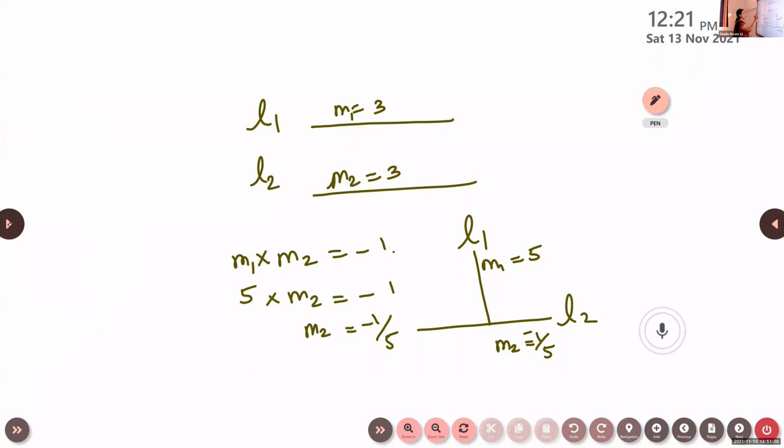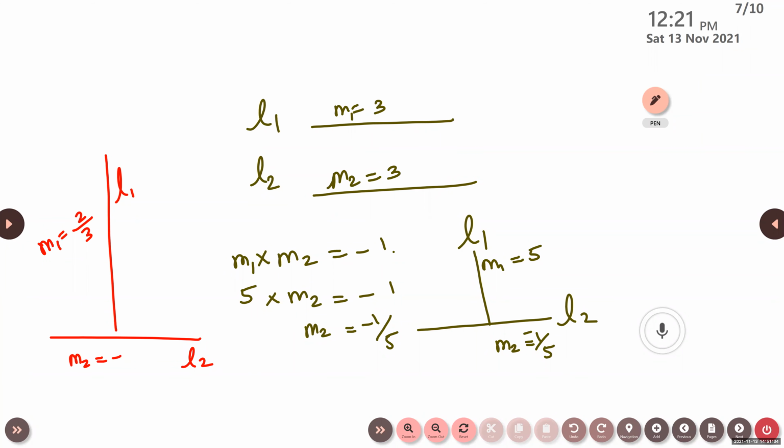Suppose we are given the line L1. L1 is perpendicular to L2. Slope of this line is 2 by 3. What will be the slope of the line L2? Minus 3 by 2. Just take the reciprocal and change the sign.